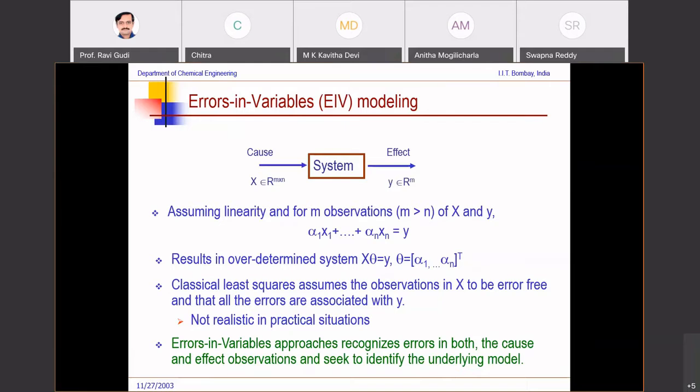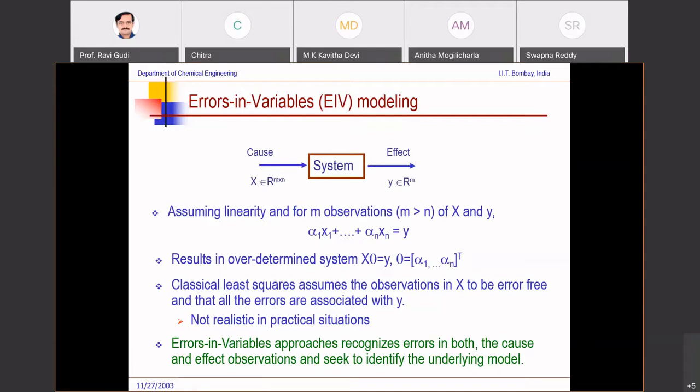If you have designed your experiments well, then X transpose X will be a large matrix, and so X transpose X inverse will be a small matrix. And the smallness of this matrix measures the variance of your parameter estimates theta.